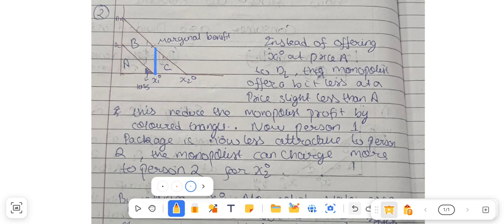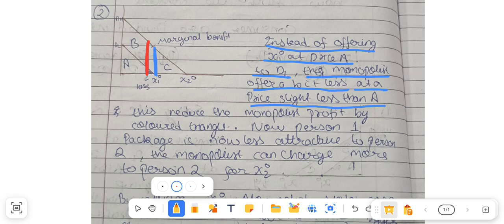Now what happened here is that instead of offering x1 at price A to the low demand group, the monopolist offers a bit less at a price slightly less than A. Initially he was offering this, but now he has reduced the quantity and now he offers this much, which is depicted by the red line.